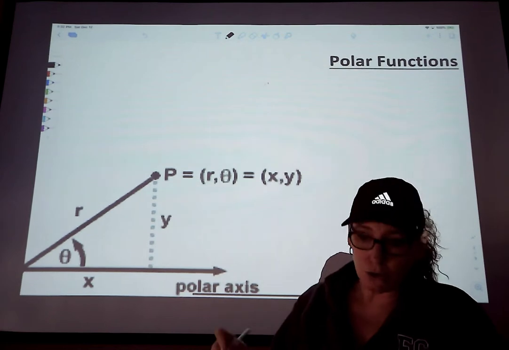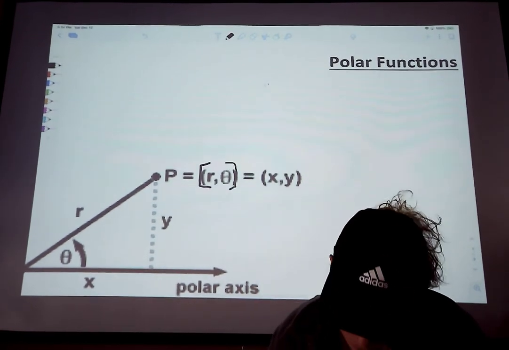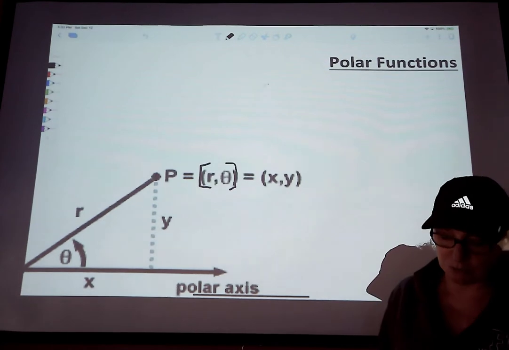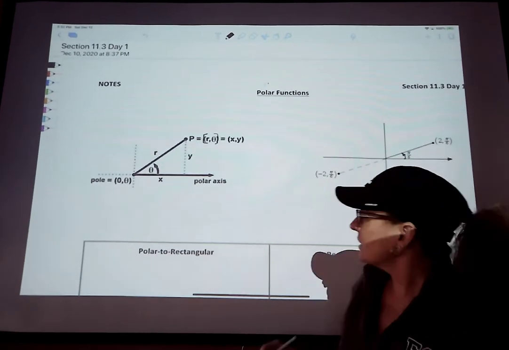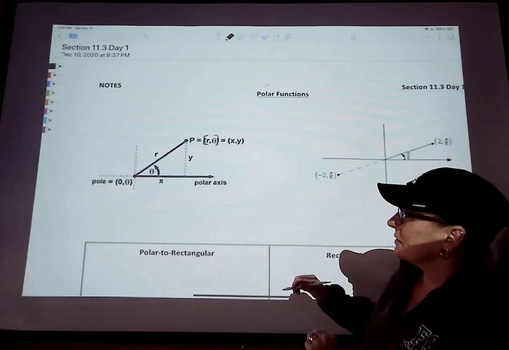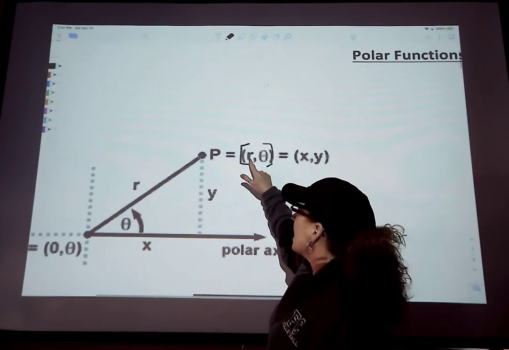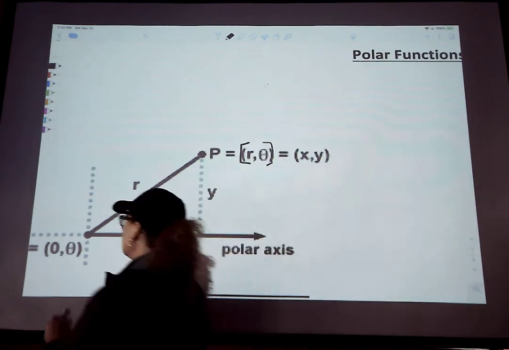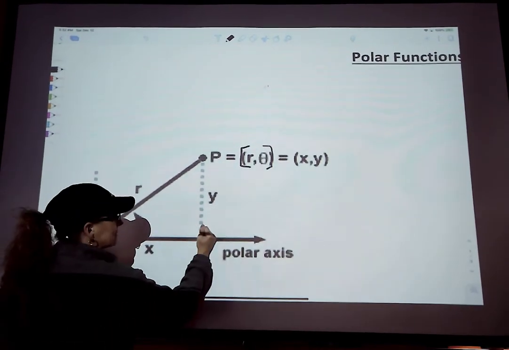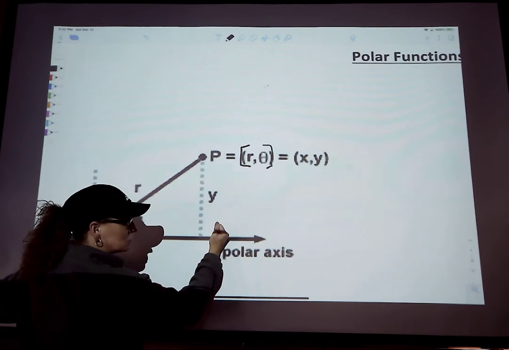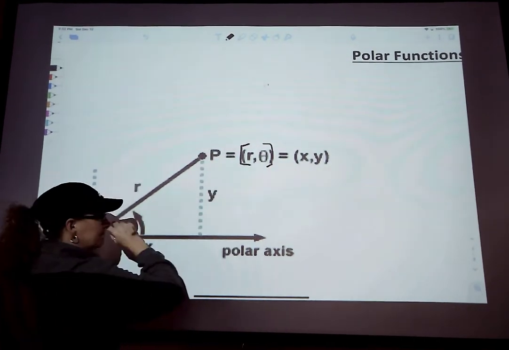Usually, polar coordinates are written with brackets. Sometimes you see them with parentheses, but oftentimes they're written with brackets. Polar coordinates can be written with a positive radius, meaning let's start at the origin and move out on the x-axis in a positive direction before rotating through our angle.